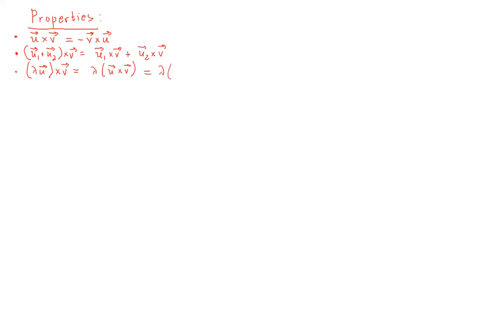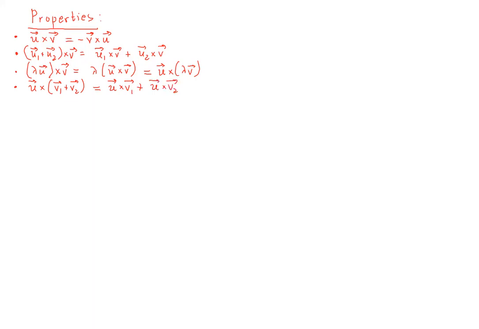So u cross lambda v. And I should note that the nice distributivity also holds for the second coordinate. So u cross v1 plus v2 is the same thing as u cross v1 plus u cross v2.